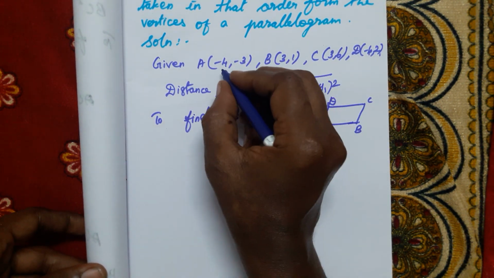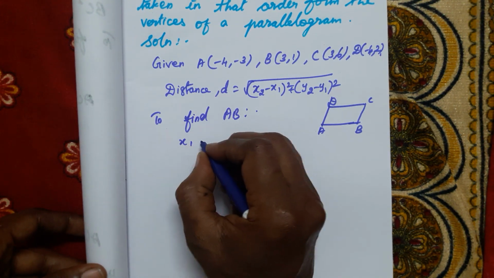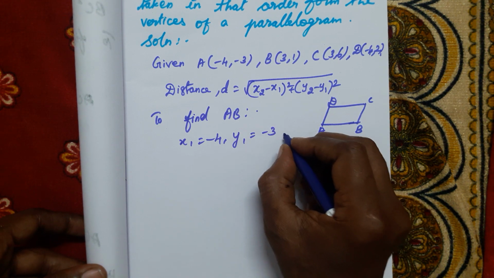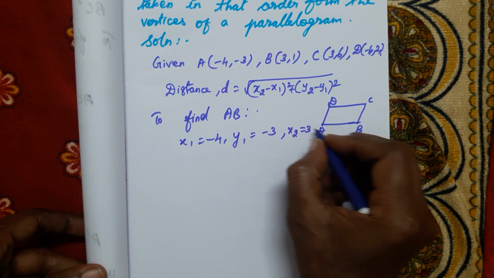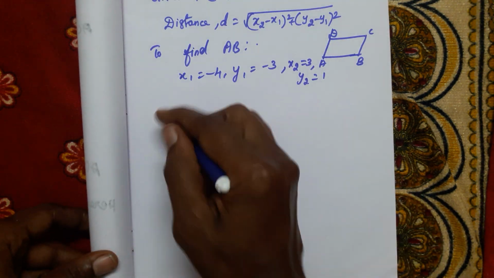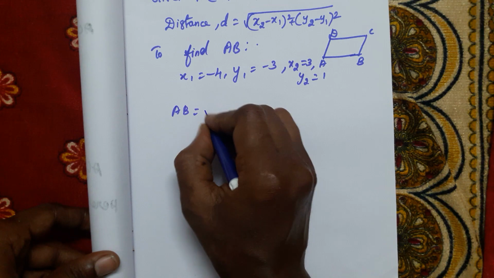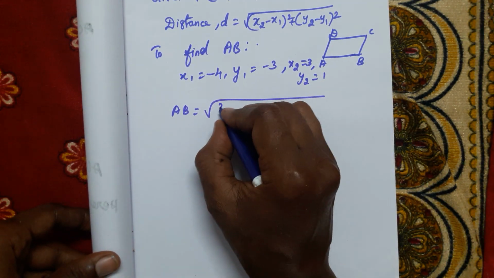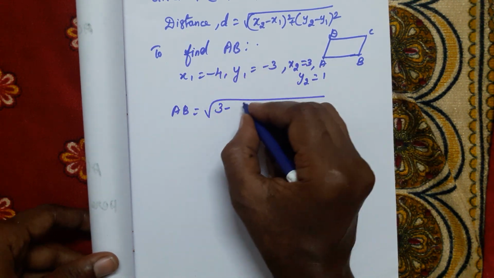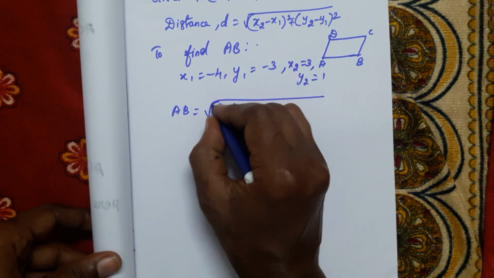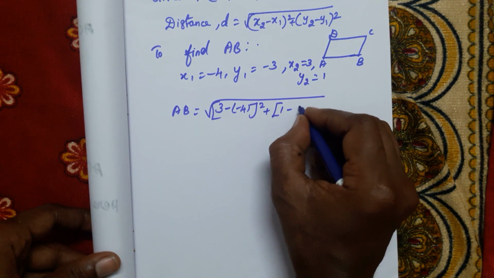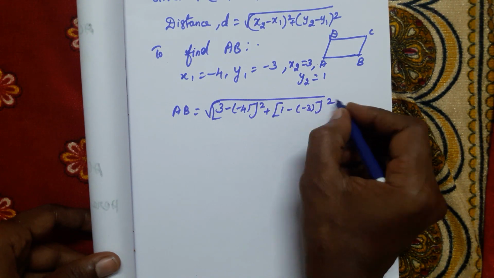what is x1, y1? For AB, x1 is equal to -4, y1 is equal to -3. x2 is equal to 3, y2 is equal to 1. So AB is equal to root of (3 minus -4) the whole square plus (1 minus -3) the whole square.